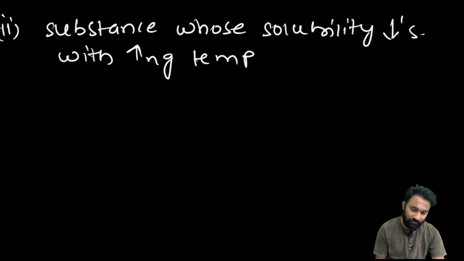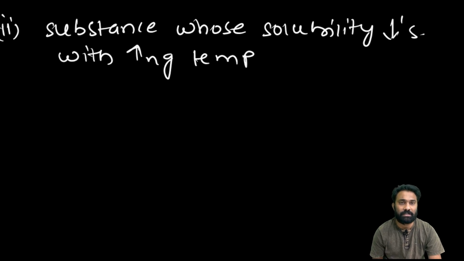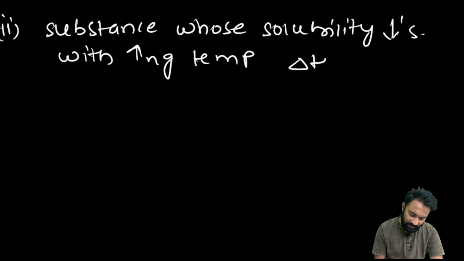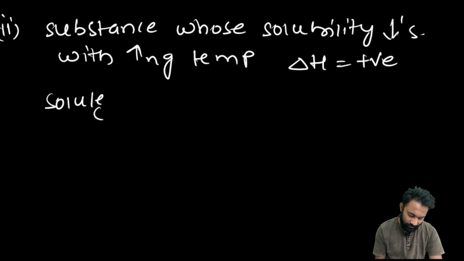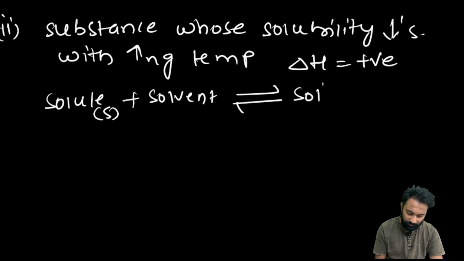With the increase of the temperature, the solubility of these solutes will decrease. Here the condition is delta H will be positive. Delta H positive means solute solid plus solvent, which has been converted into the solution, again it will be converted back into solvent and solute.